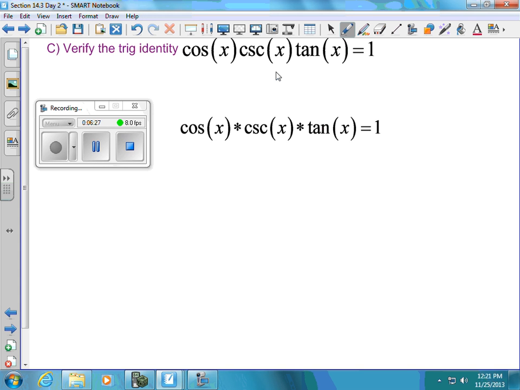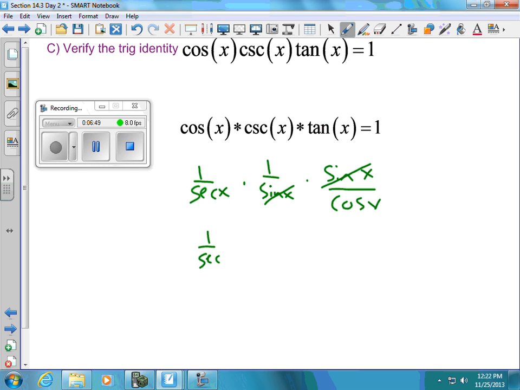Cosine is really 1 over the secant of x, times cosecant is really 1 over sine of x. Tangent is sine over cosine. The sines cancel out, and I end up with 1 over secant of x times 1 over cosine of x.